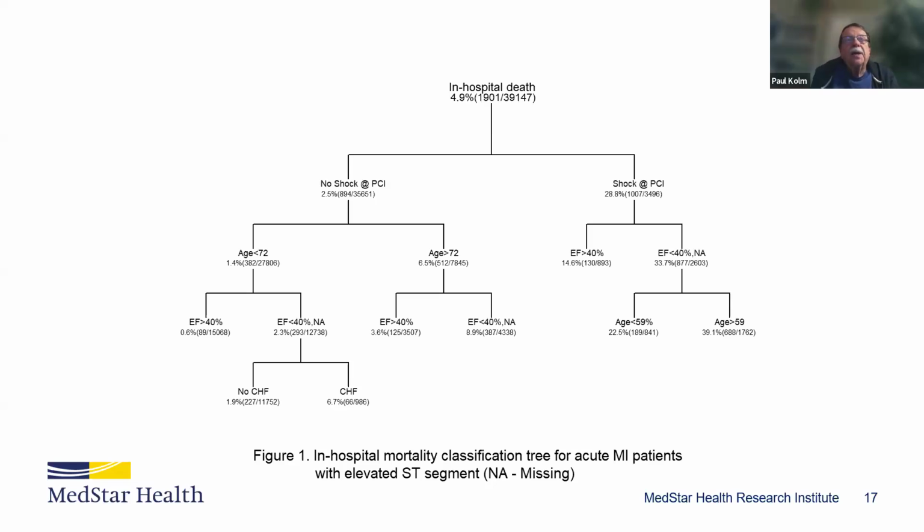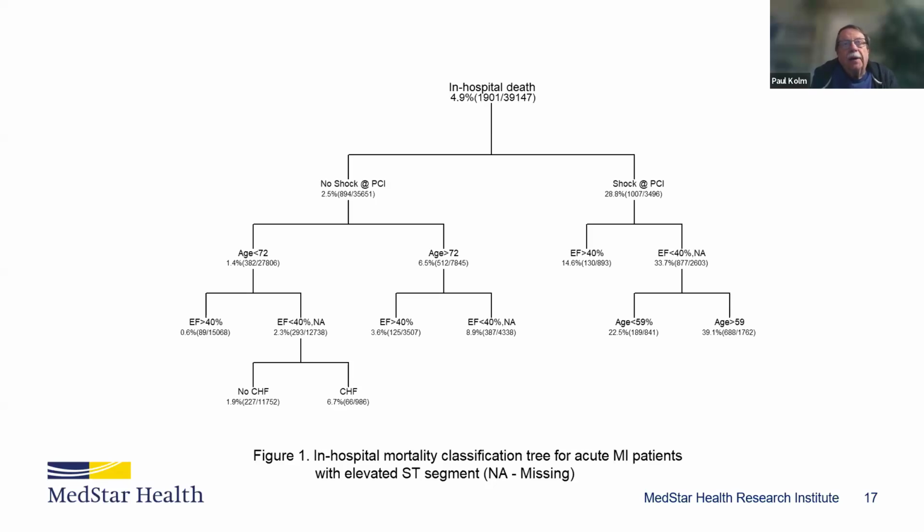On the other side, where we have the no shock patients that have only a 2.5% death rate, we have another split involving age, but you can see that the age split is different from those with shock. It's at 72. Those greater than 72 have a 6.5% death rate compared to only 1.4% for those less than 72.